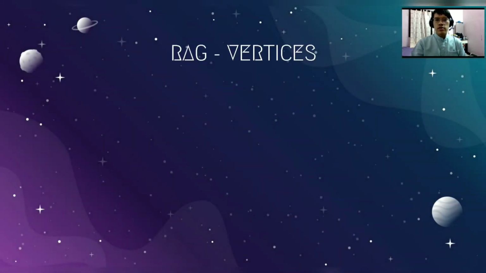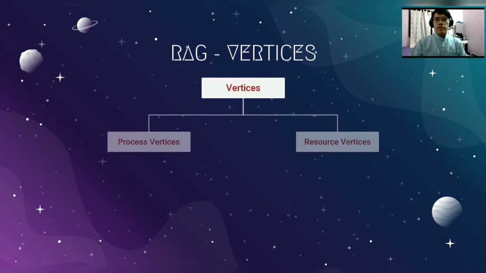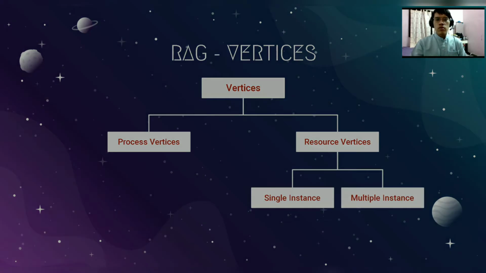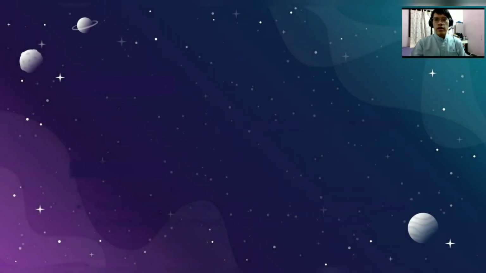So, first, let's talk about the vertices. There are 2 types of vertices in RAG, which are process vertices and resource vertices. And resource vertices can be divided into 2 more smaller groups, single instance and multiple instance. Okay. What do process vertices and resource vertices mean?